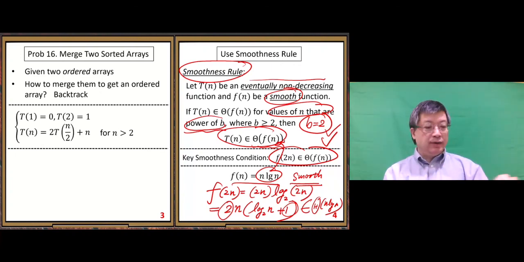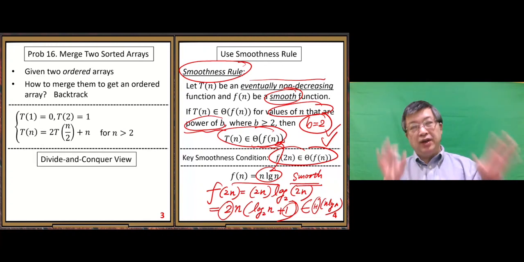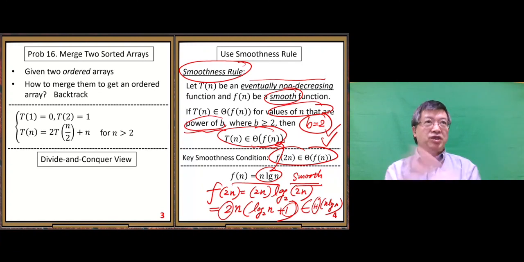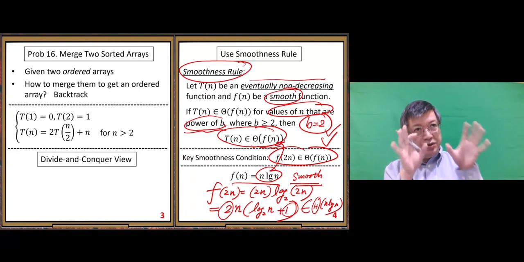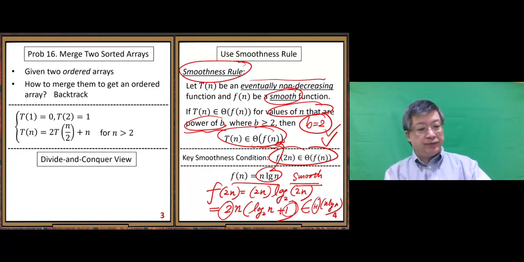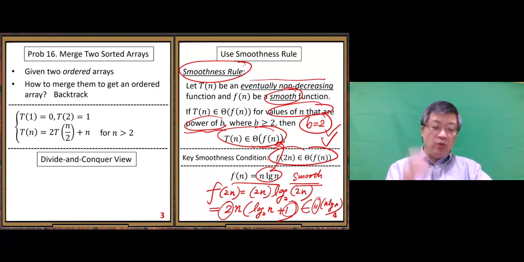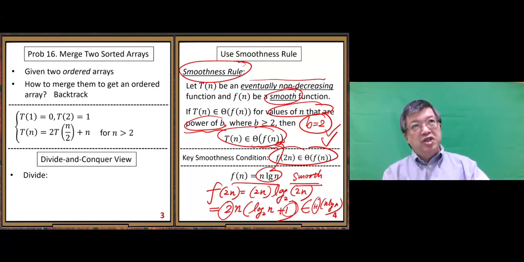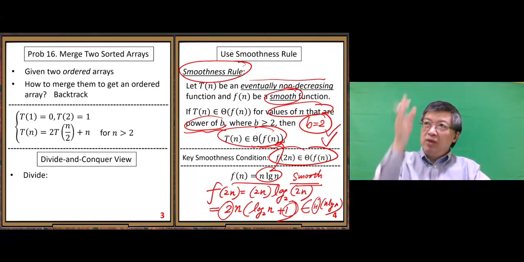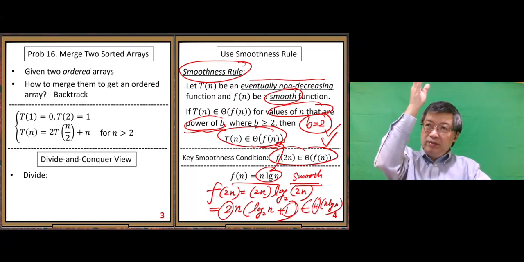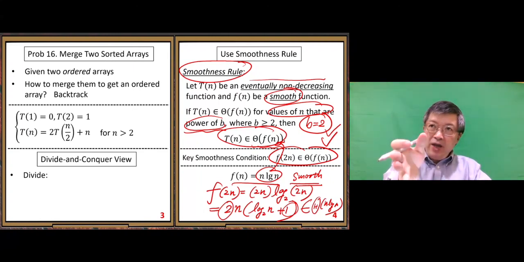The last thing in this video, I want to look at from the divide and conquer view. We solved the sorting problem with merge sort, but let us use the divide and conquer view to understand our method. We have 3 steps. The first step is the divide step. How much cost do we need to pay? We chop the array right in the middle.